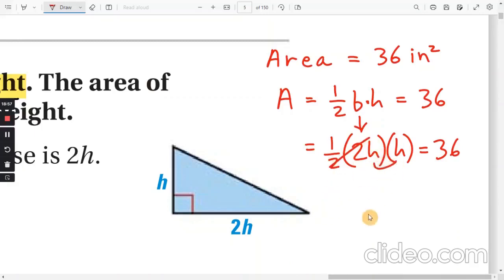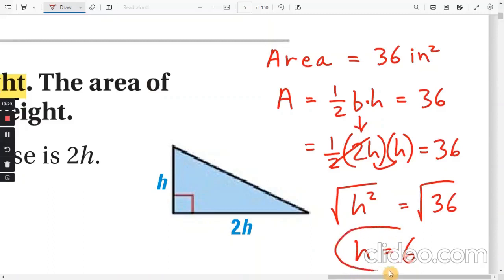And then H times H is going to be H squared. And that equals 36. The opposite of squaring something is to take the square root. So H is going to be the square root of 36, or just 6. Okay, I know -6 would satisfy this equation, but a side length cannot be negative. So the height is 6.